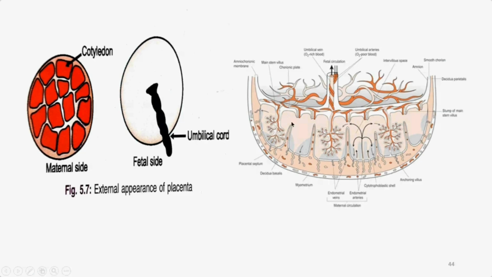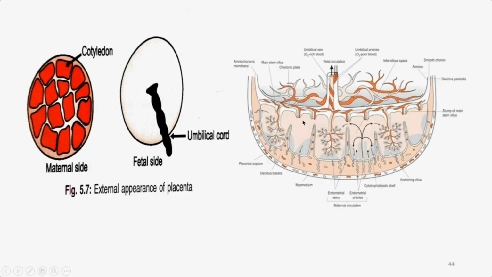Now we can see the placenta from the fetal side. When we see it from the fetal side, it is a smooth part, and when we see the maternal side, it forms lobes, and there are 15 to 20 lobes in the placenta, known as the cotyledons.